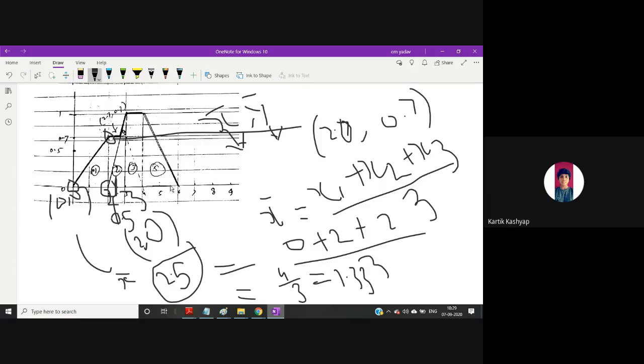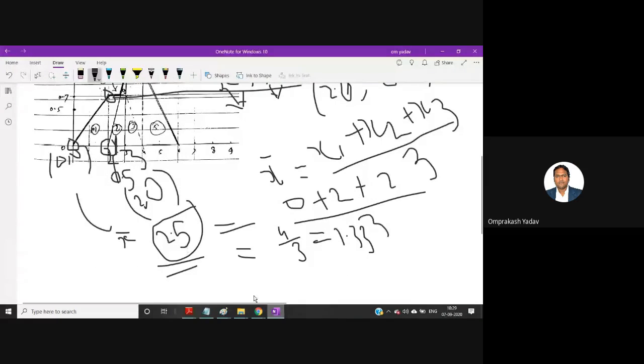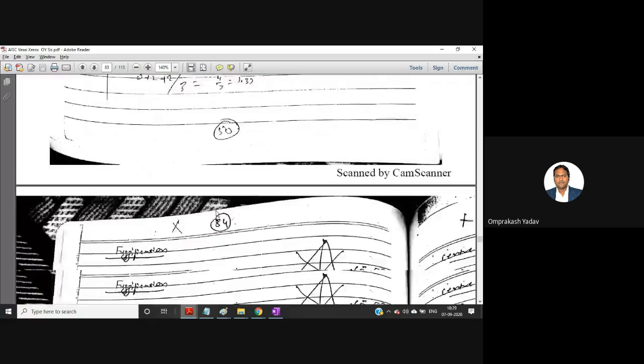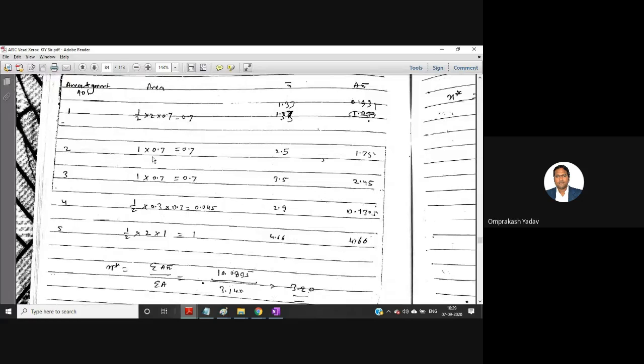Now I got 2.5. First we calculated the area, that is 1 into 0.7, 0.7. Then x bar we determined is 2.5. Then just simply multiply. My answer may not be accurate, so please all of you do it and write it over there.